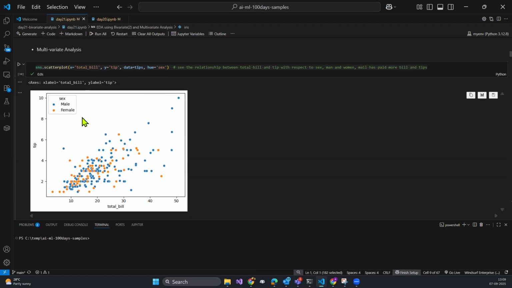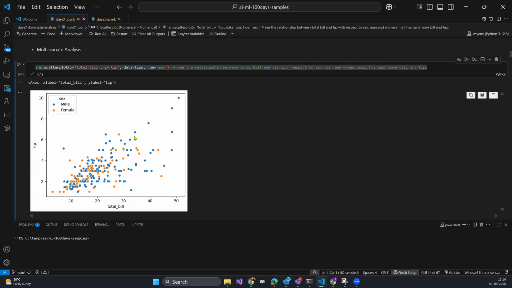Here in this plot, it seems that up to here, whether male or female, they are mostly within this range, right?